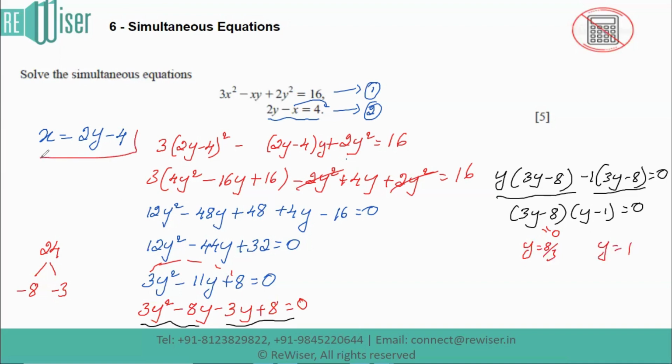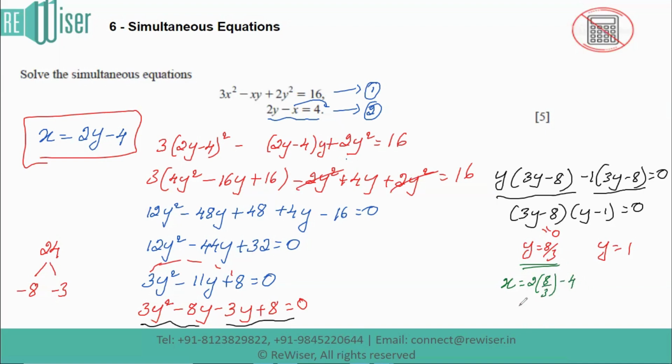And we have the relationship between x and y. So x is 2y minus 4. In that case, when y is 8 over 3, my x would be equal to 2 times 8 over 3 minus 4. When you simplify this, it's 16 over 3 minus 4.